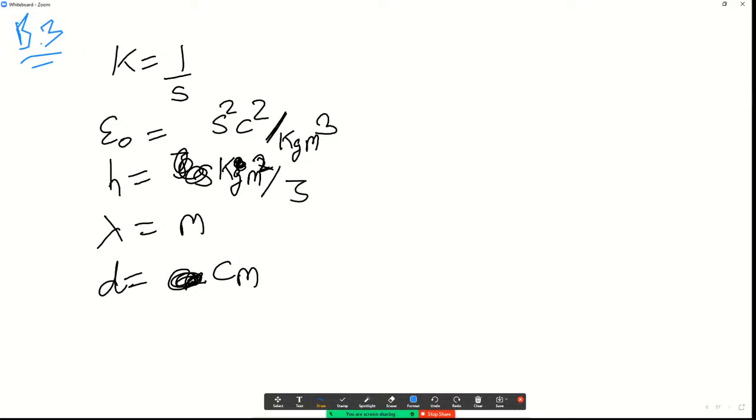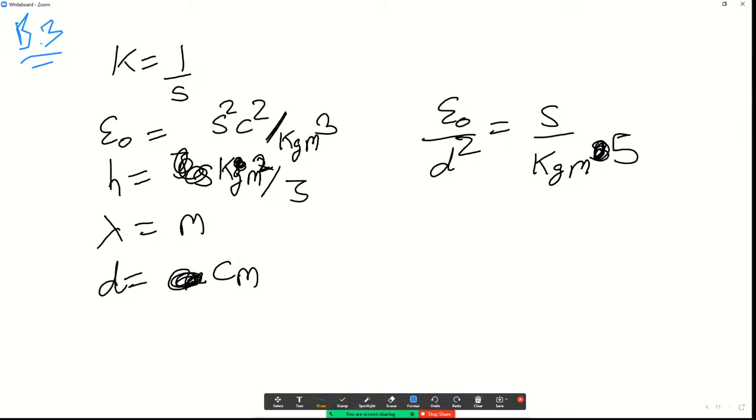So we have this. So we have epsilon naught by d square equals to s per kg meter cube, and d square is meter square, so that is meter power 5.